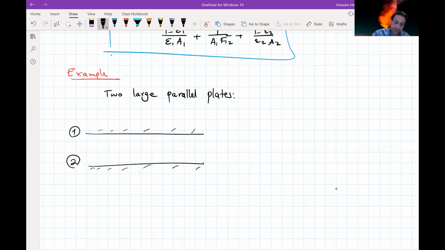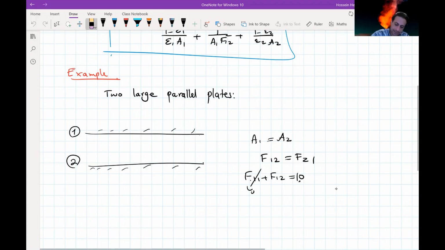Two large parallel plates, A1 is equal to A2, and these surfaces do not see or do not strike themselves by the radiation. So F11 plus F12 is going to be 1, since F11 is 0. They don't see themselves, sorry. So from here, F12 is going to be equal to F21, equal to 1.